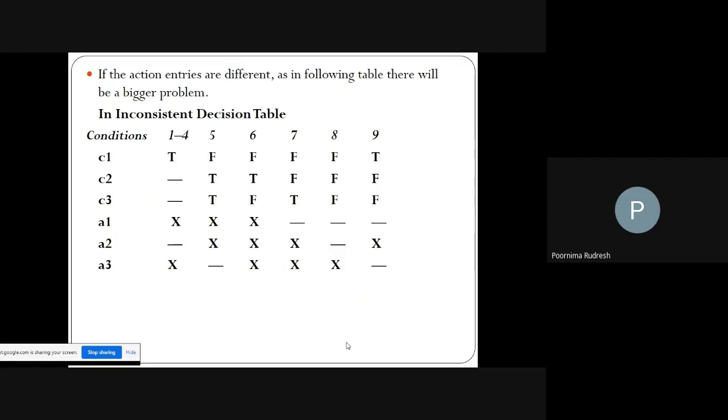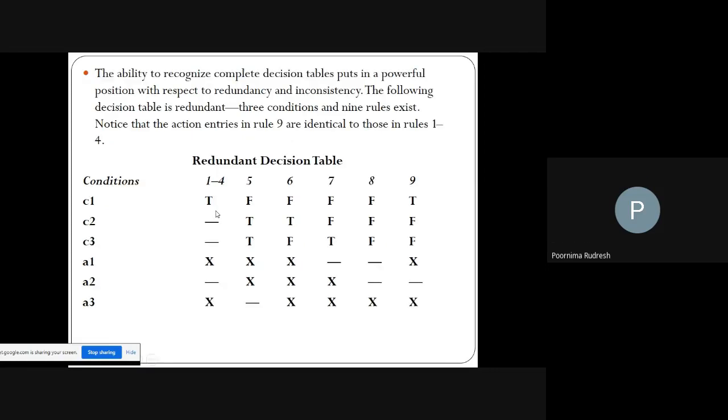Next we have the consistent decision table. Here, if the actions are different, then we will have more problems, right? See here for 1 and 4, 5, 6. If C1 is false and C2 and C3 are true, then only one condition exists, right?